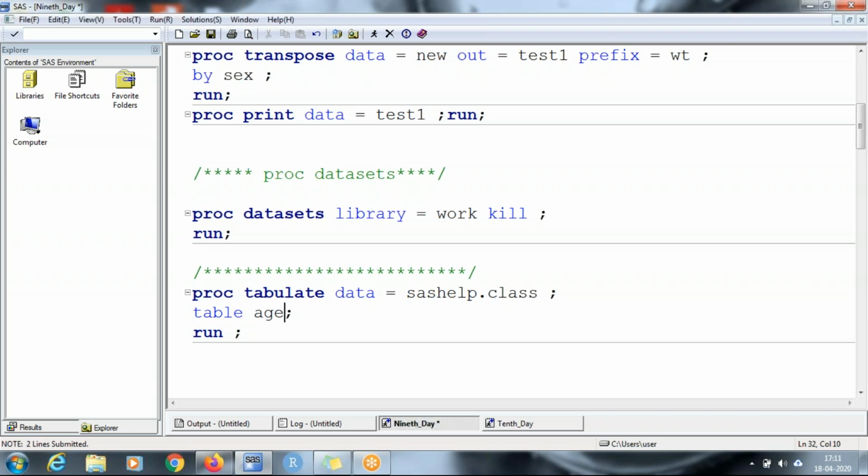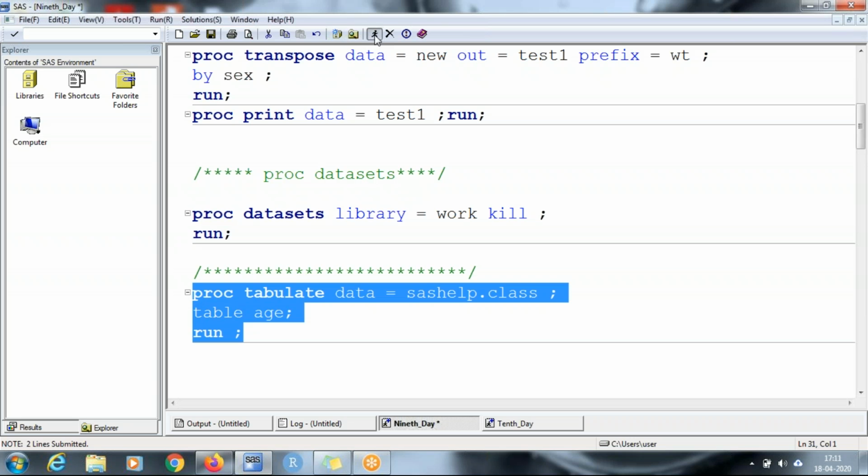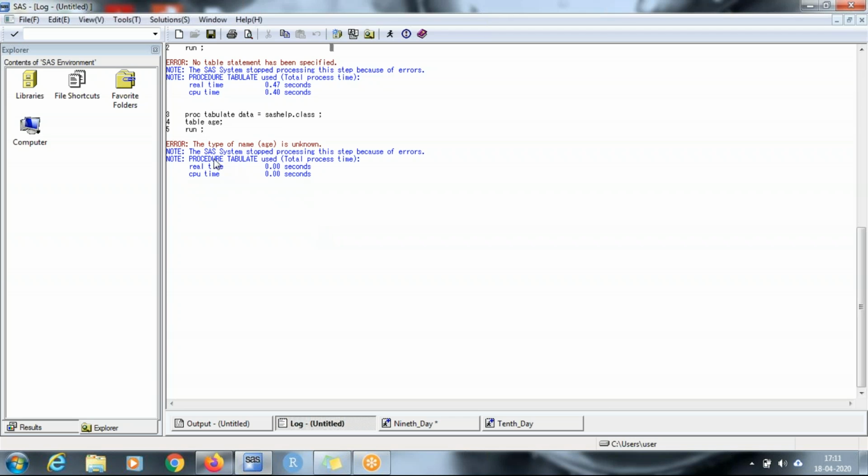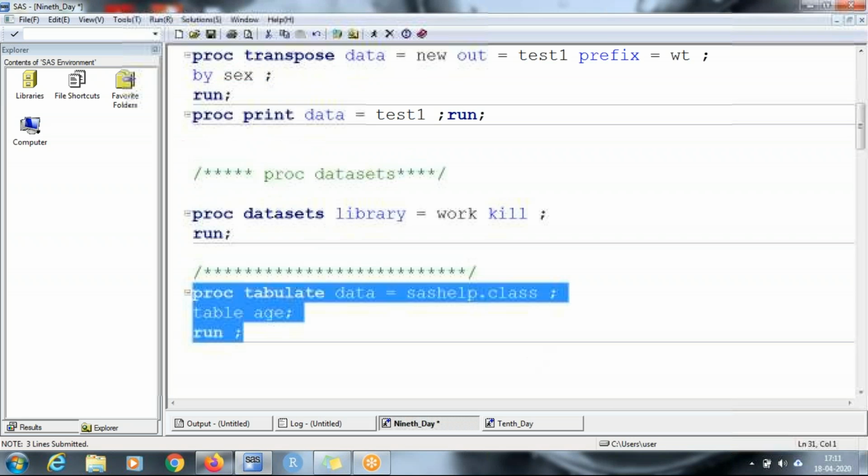Let's say age is one of my dimensions. Let's write it and submit this. Again, this will throw you an error. It says the type of name is unknown. This name is unknown to the procedure because the procedure is confused: do you want to classify your age or analyze your age?